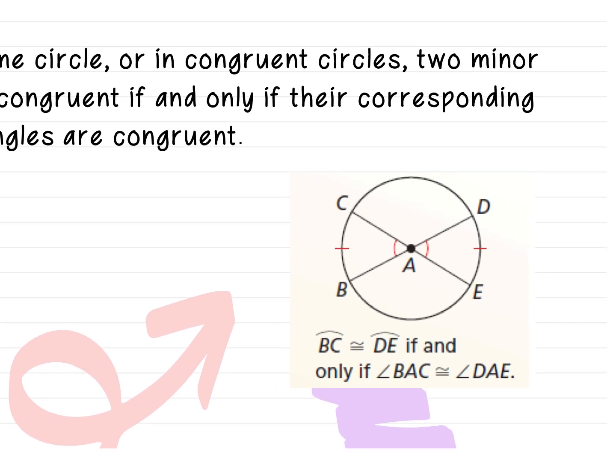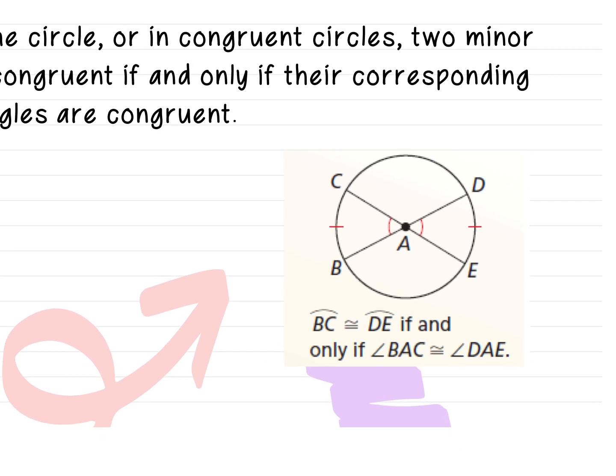So in this picture, because I have congruent central angles here, then I also know that these arc measures are also going to be congruent. And this is when it's in the same circle. So if I told you that this angle is 40, then this angle, because it's vertical to it, is 40. And then the arc measures would also be 40.